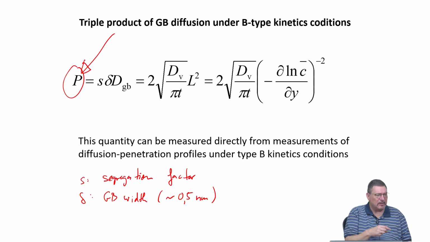It also means that by doing these measurements in a clever way, we can get a very good quantitative measure of grain boundary segregation occurring in a material, much better than by atom probe, not because it's more sensitive, but because you get a macroscopically averaged value over all the grain boundaries.